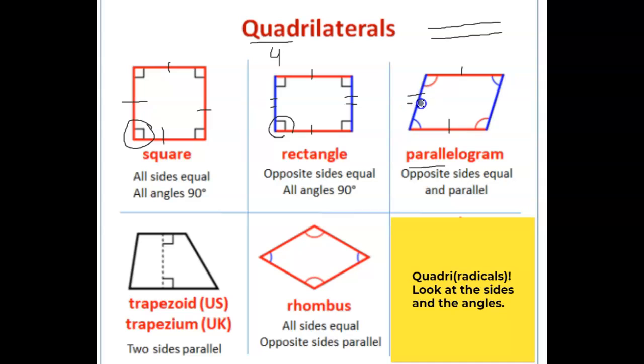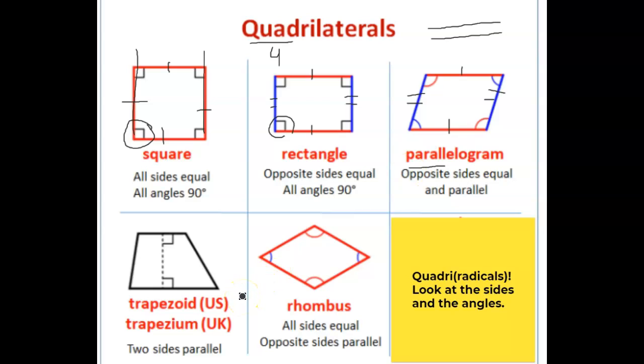And then this side and this side are congruent and they're parallel. They're going in the same direction. Now you'll notice a parallelogram doesn't have to have right angles. So this is a parallelogram that doesn't have right angles. A rectangle is also a parallelogram, and so is a square, because we have two sides on opposite ends that are parallel that will never touch. But a square and a rectangle have right angles, whereas a parallelogram doesn't need to have right angles.